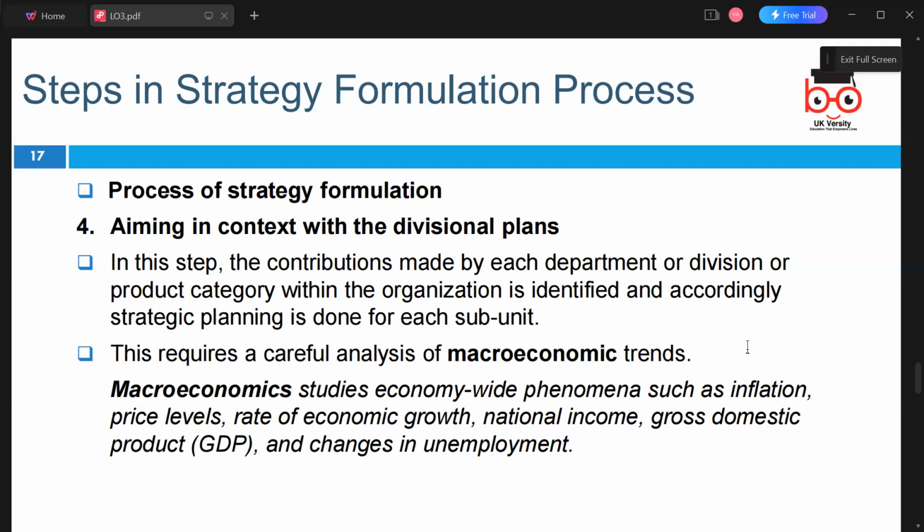This will require a careful analysis of macroeconomic trends. And what do we mean by macroeconomics? This is the study of economy-wide phenomena, such as inflation, price level, rate of economic growth, national income, and gross domestic product, GDP.